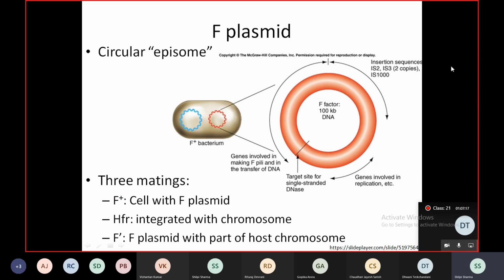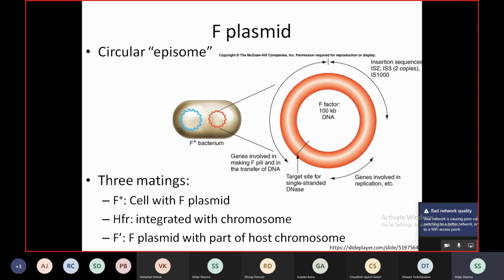And in the F plasmid, you will have an ORI-T, origin of transfer, as it's called, which promotes a special mode of unidirectional replication, wherein there's only one single leading strand which serves as the replication.